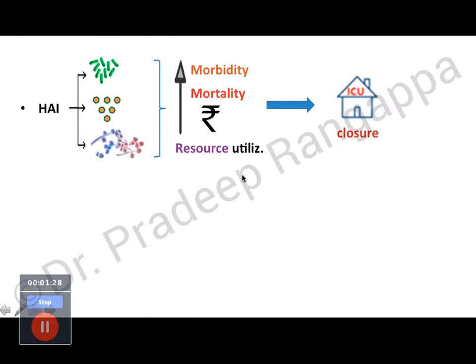What this will lead to in many instances is closure of ICU. The reason is that when there is a very significant outbreak, it does mandate closure of ICU to contain it.